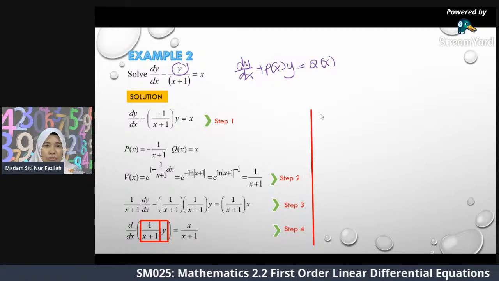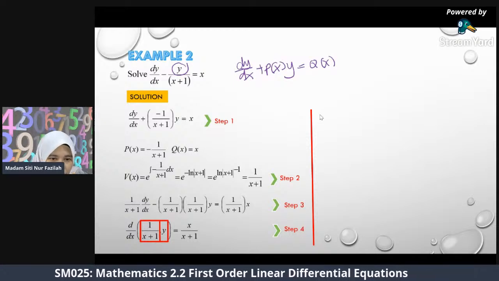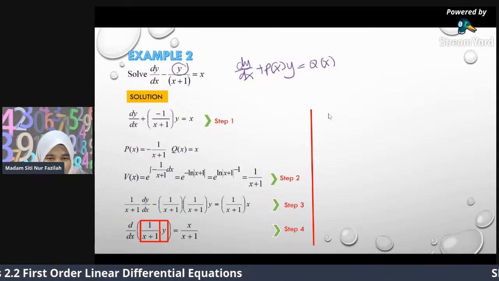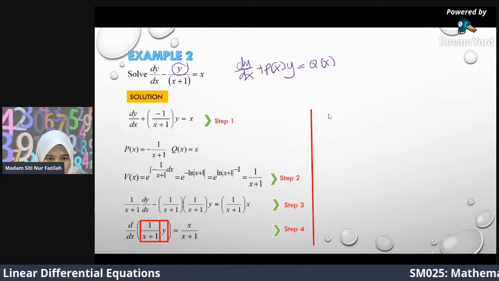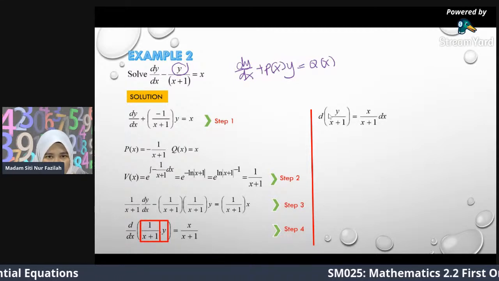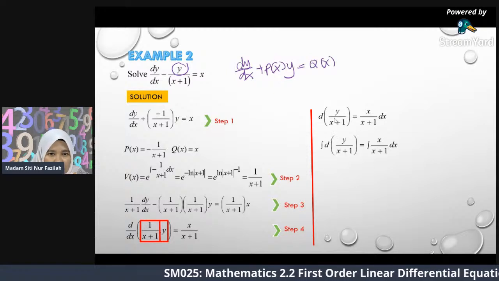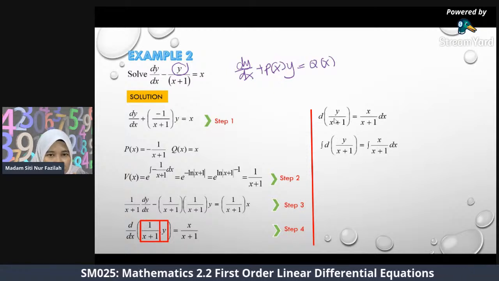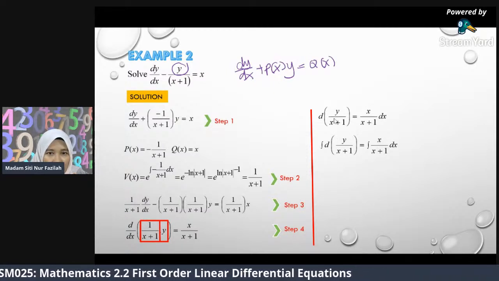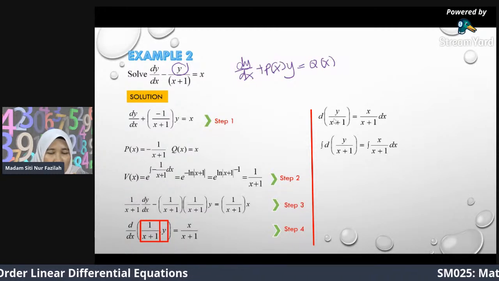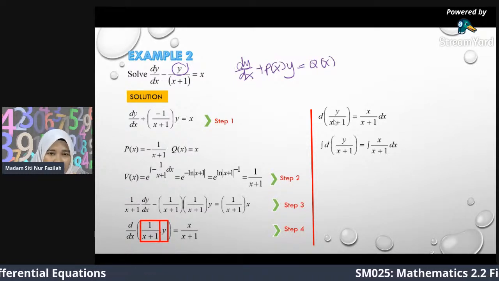Before we go to step 5, we need to multiply by dx on both sides, and after that we integrate both sides. The integral of d of y over x plus 1 equals the integral of x over x plus 1 dx.